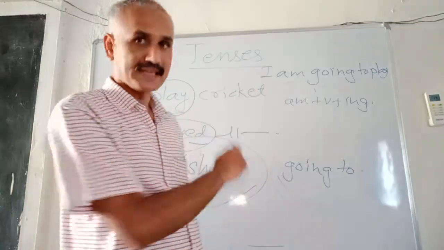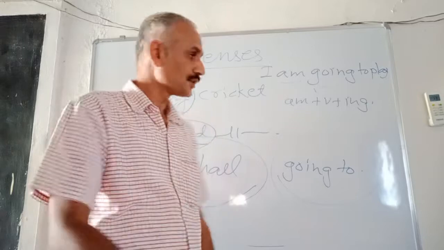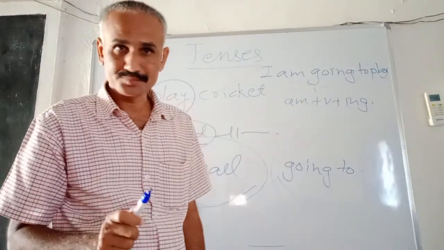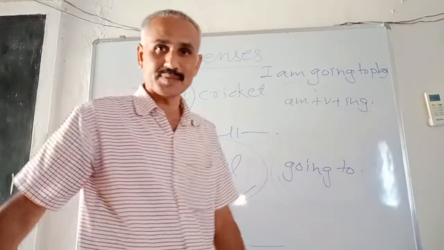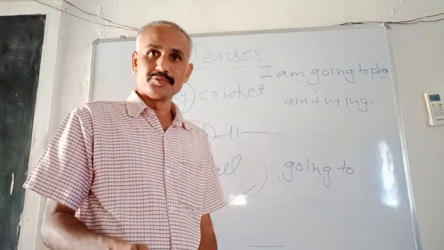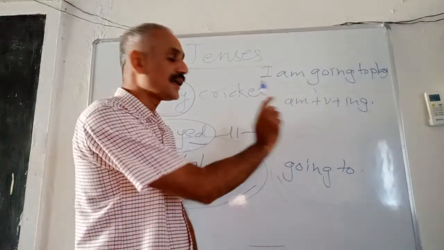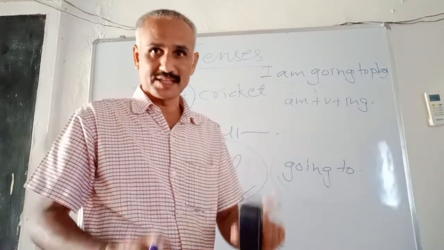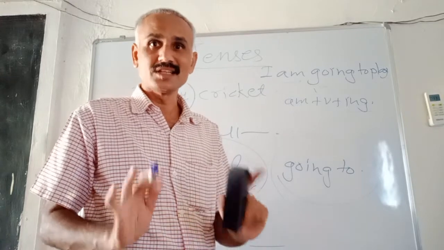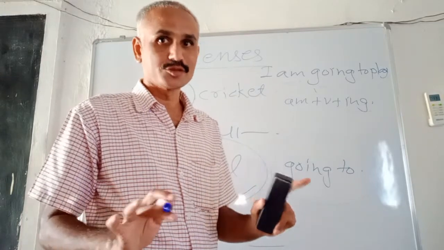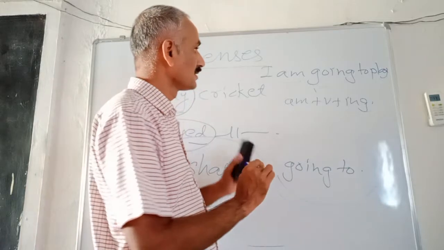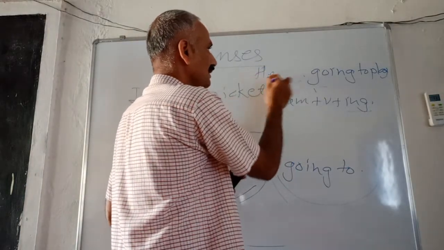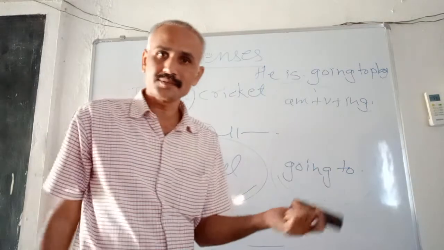Now the problem is that, though theoretically it is present progressive because this ing shows the progressive aspect, we have to point out that "I am going to play" means right now he is not playing. So there is a difference. Or you can say, he is going to play.